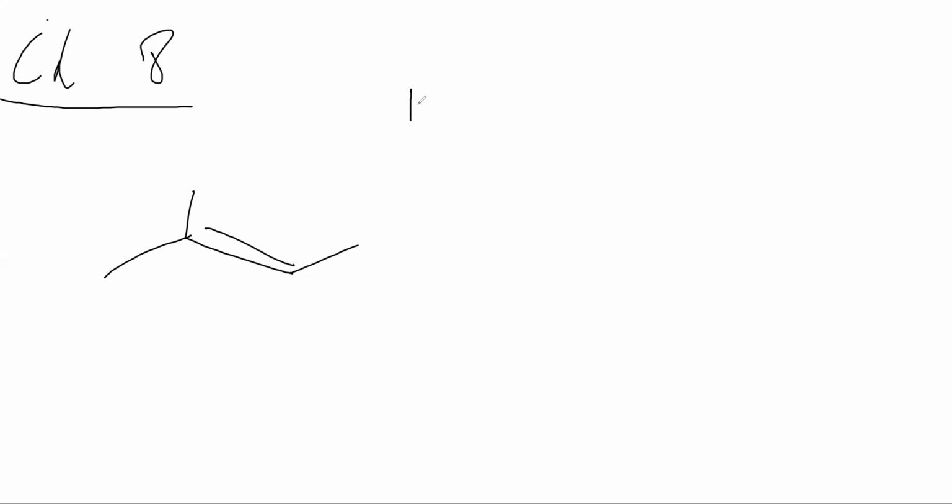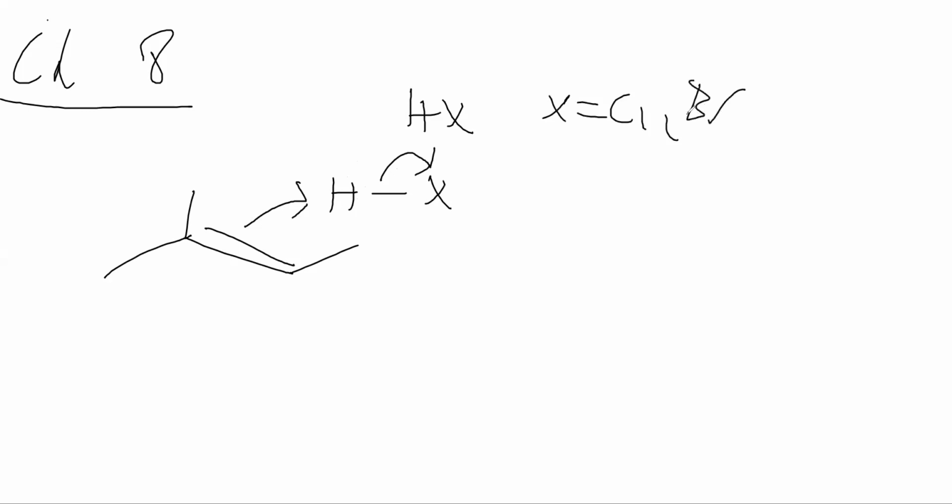So one of them is HX addition. The first step is the nucleophile, the alkene, attacks the electrophile, this hydrogen, and X is a halogen. X equals chlorine or bromine generally. It's just a halogen.